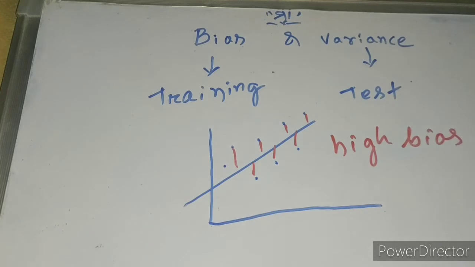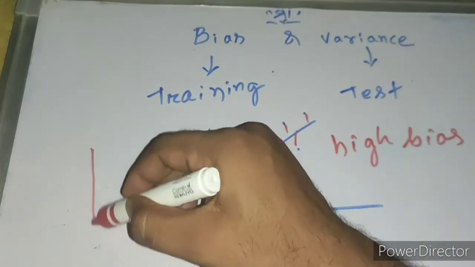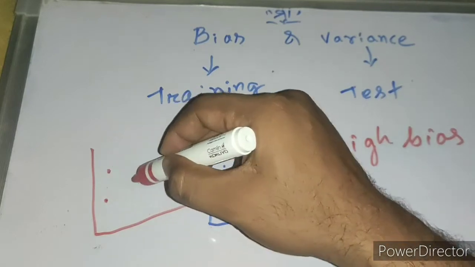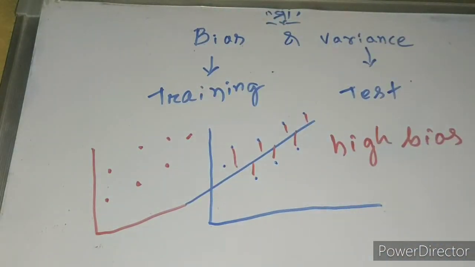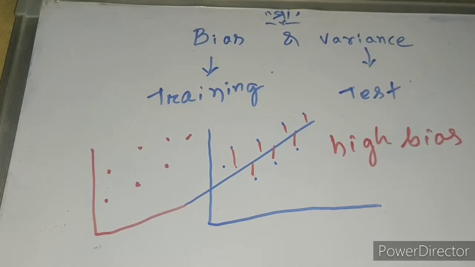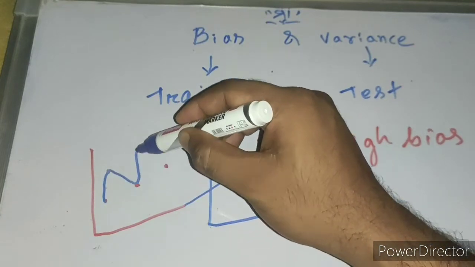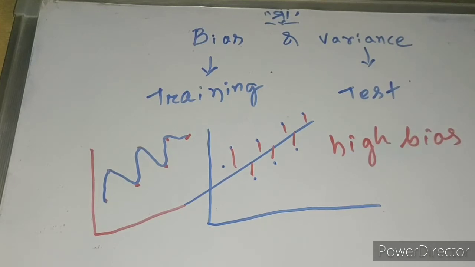High bias condition. While in the same condition, if we draw another graph, there are various data points here, and if there is a line which covers all the data points, it means that when we are calculating, all the data points are falling on the line.